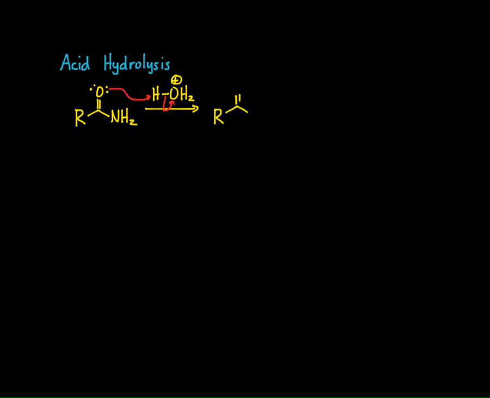We generate our now TI plus protonated carbonyl oxygen, and we have water, and that water can then act as a nucleophile and attack the carbonyl carbon. So we get addition of water to the carbonyl and displacement of that carbon-oxygen double bond.